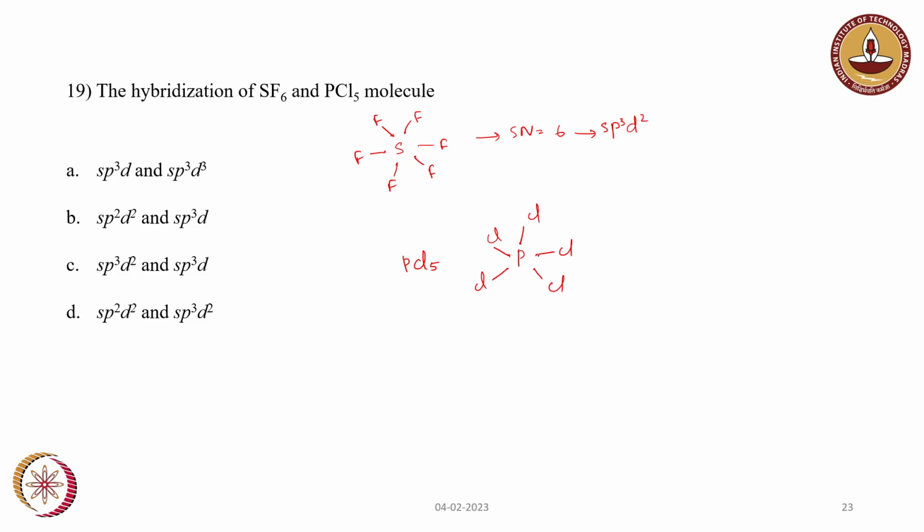So we'll need 5 hybridized orbitals to accommodate these bonds. So the steric number is 5. So it will be sp3d, a total of 5 hybrid orbitals. So the answer is option C.